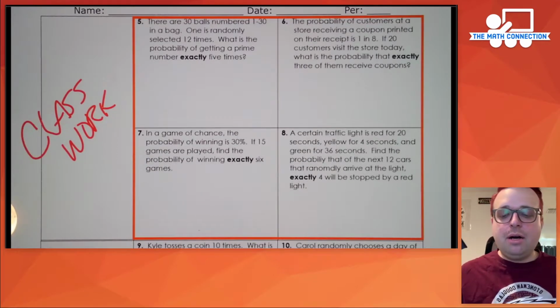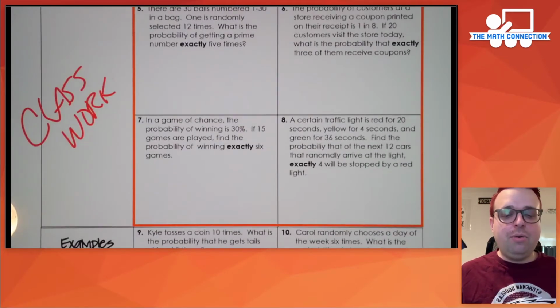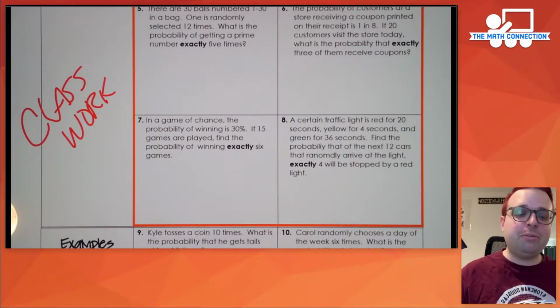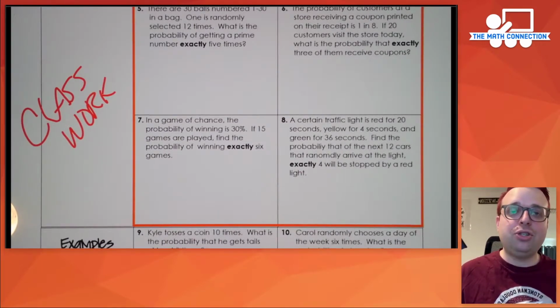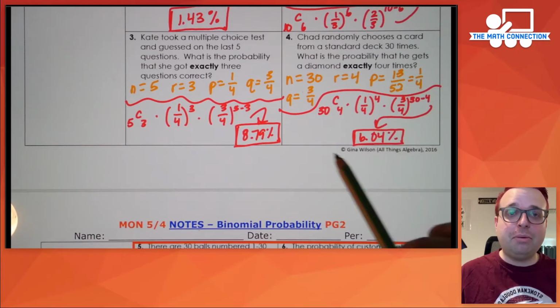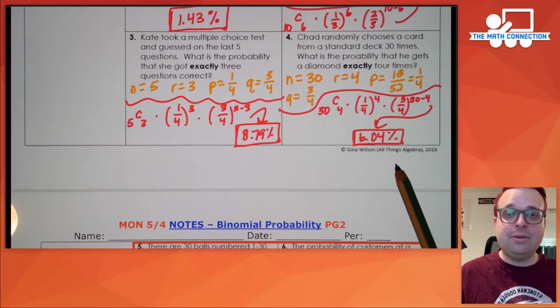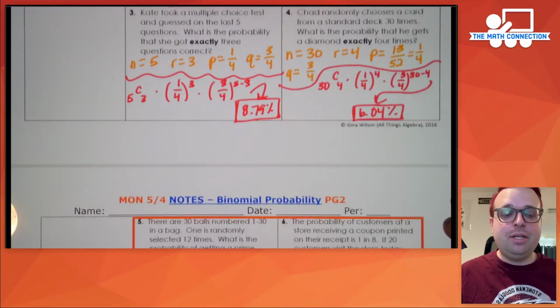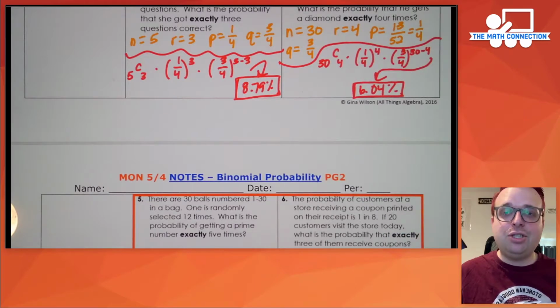Okay, so classwork. Here you go. These 4 problems. Make sure when you turn these notes in that you have done these classwork problems. Give them a shot. Show your work. If you don't have all this stuff written on your problem and you just write an answer, I'm going to take points off because you didn't do the problem like I showed you how to do the problem.